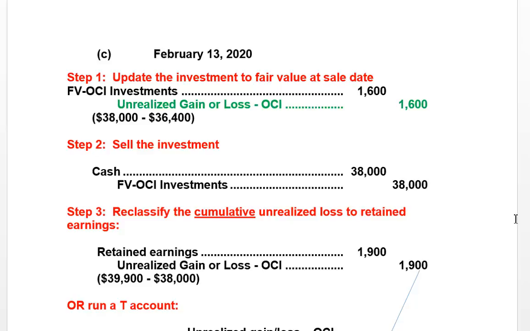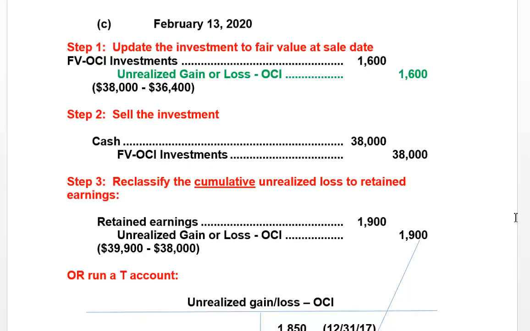So, do we have an unrealized gain or an unrealized loss? Well, if we understood that Part B theory, our original cost was $39,900. We dumped it for $38,000. So cumulatively, we have an unrealized gain or loss debit, all right, of $1,900.